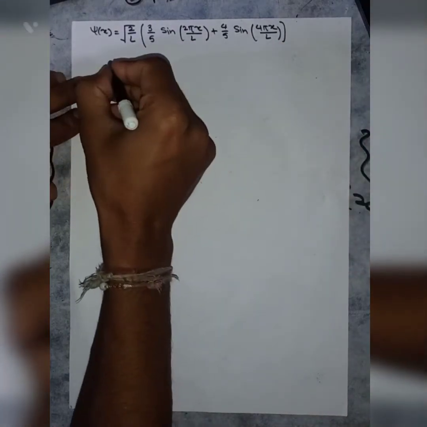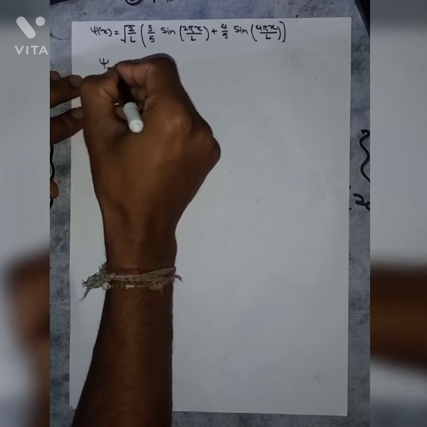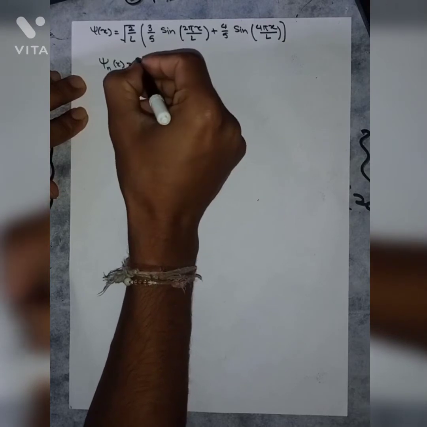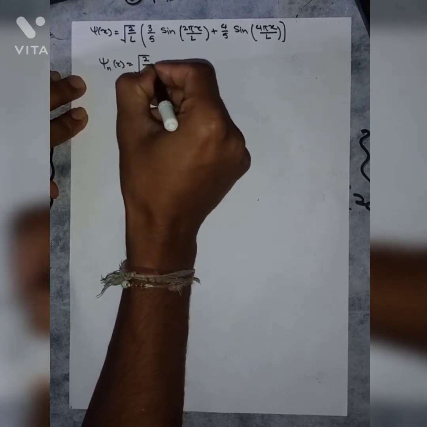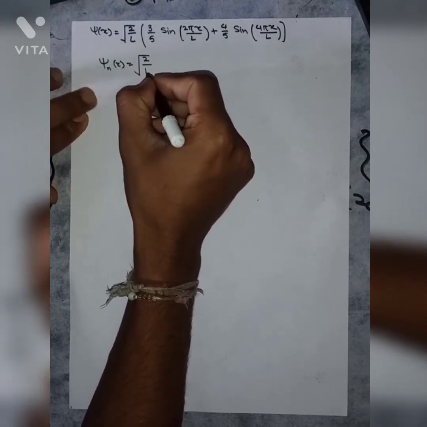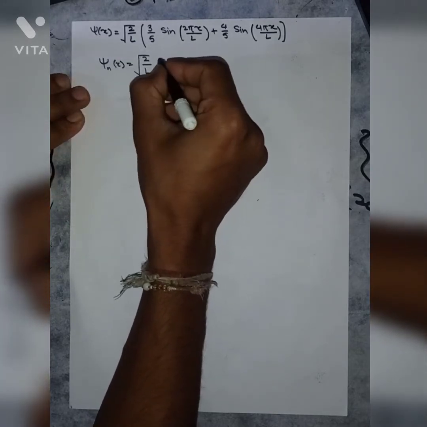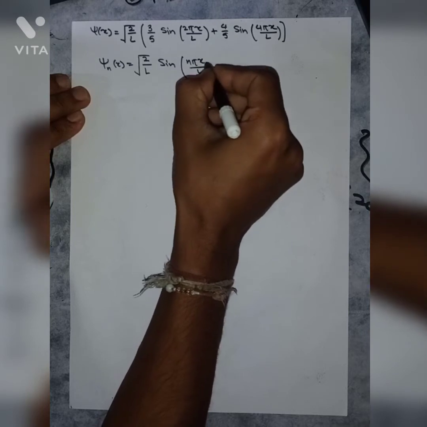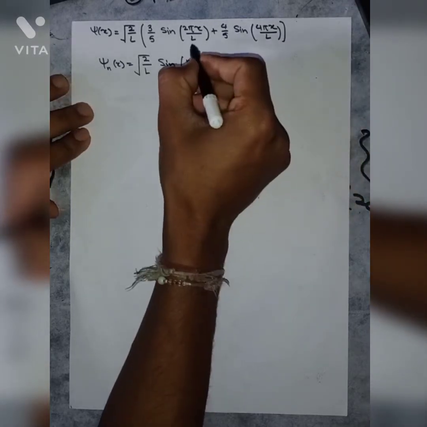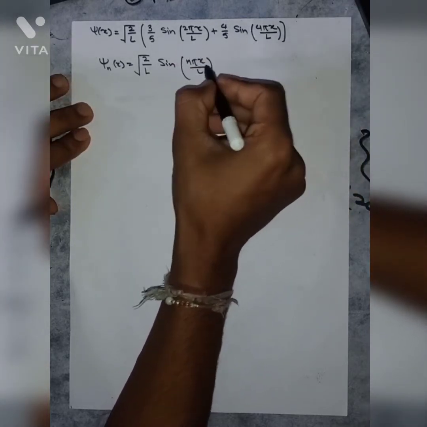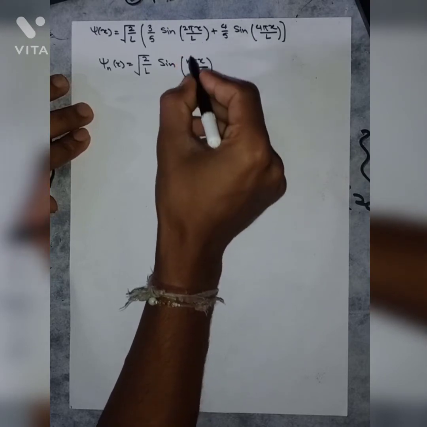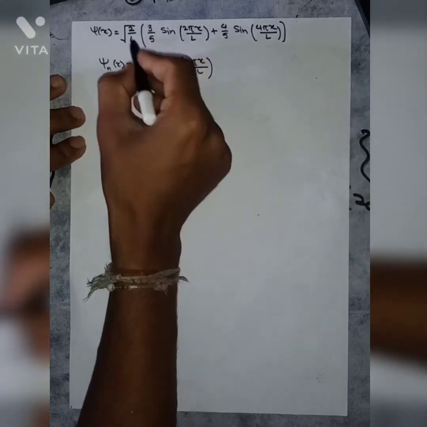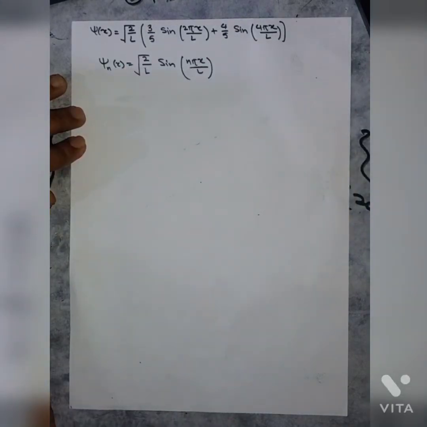This wave function looks like psi n x for a one-dimensional potential well, which is under root 2 by L, if I consider L to be the length of the well, then sine n pi x by L. So from here we can easily relate that this is a value of 2 and this n value is 4, but the first terms are different.